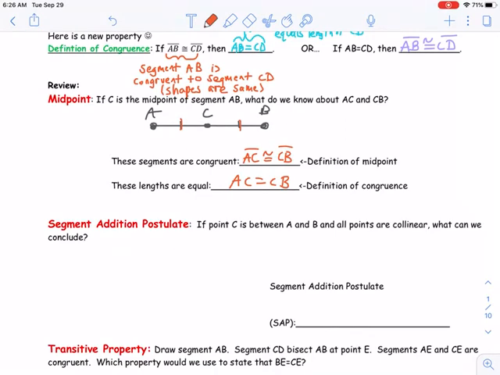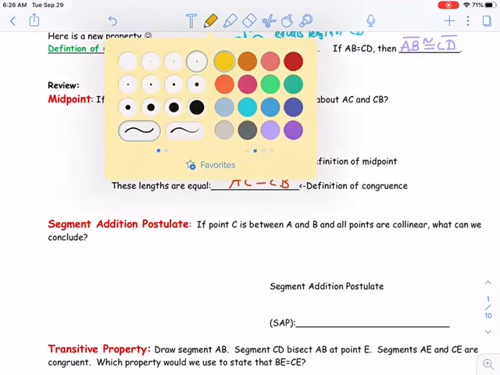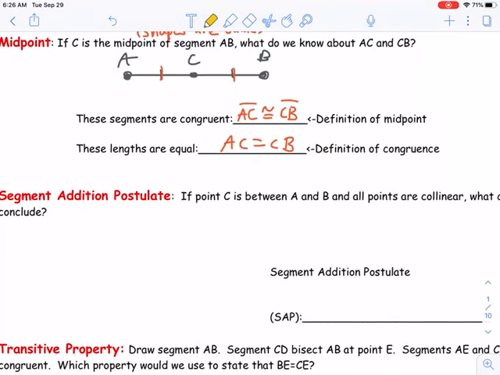And then we have the good old segment addition postulate. If C is between A and B, so now we have to differentiate between between and midpoint. I'll put A and B, and C is between, right there.